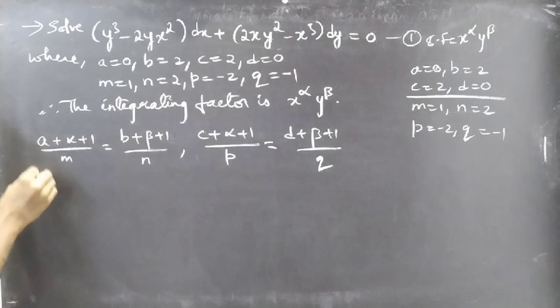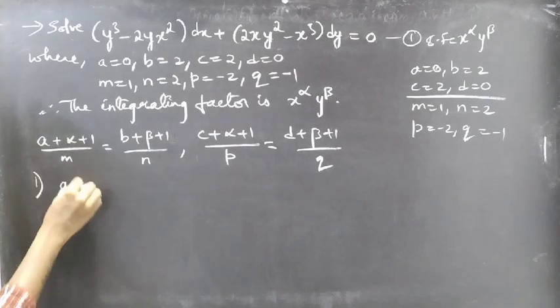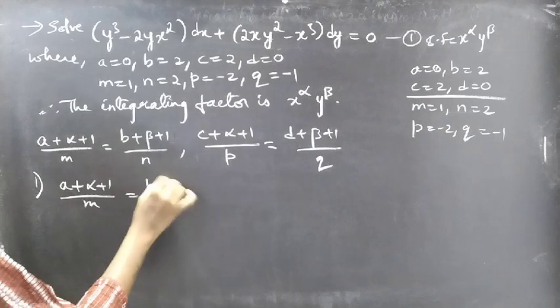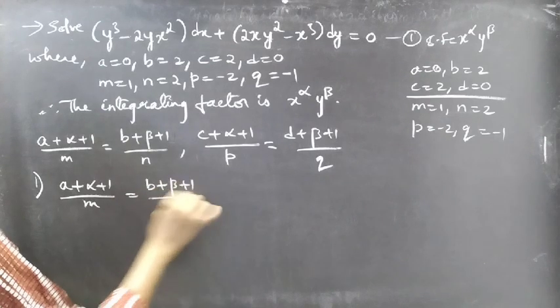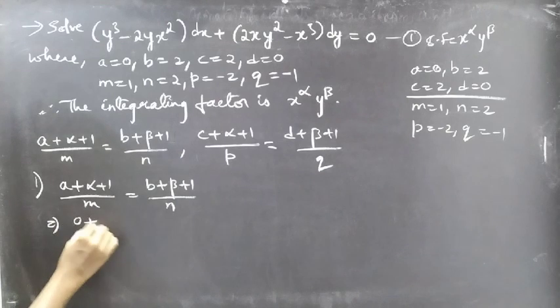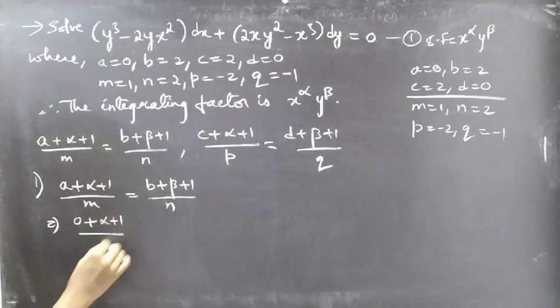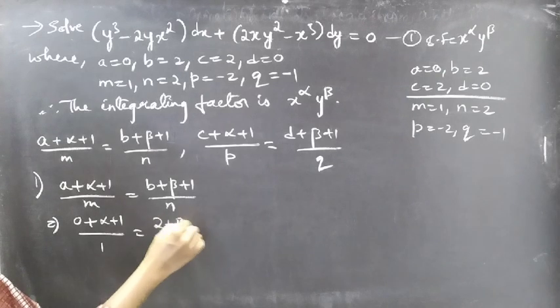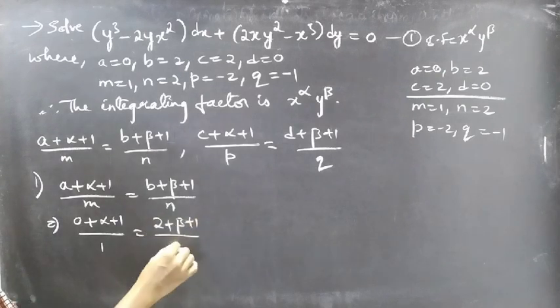So now I'll go with first formula. Substitute the values. 0 plus alpha plus 1 by 1 equal to 2 plus beta plus 1 by 2.